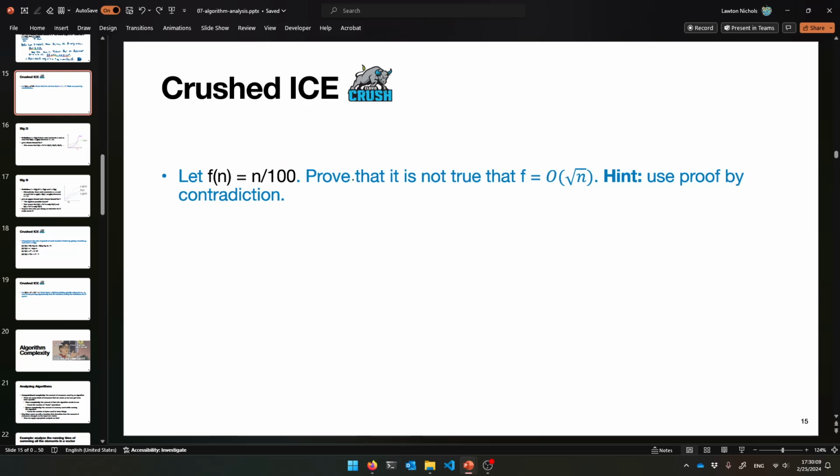So all right, assuming you tried it, what do we do? We want to show that this is not big O of square root of n. By contradiction, let's assume that it is. Assume f is equal to big O of the square root of n.